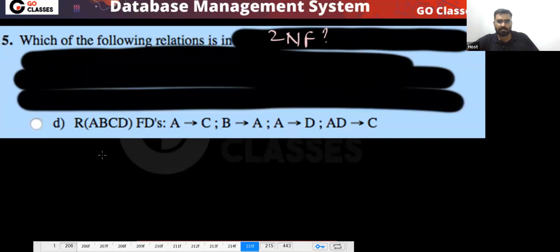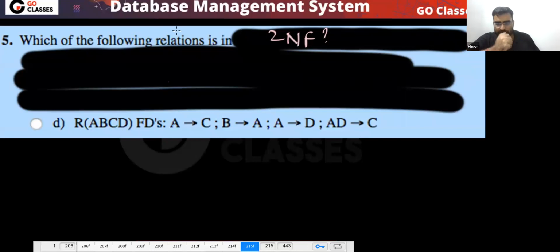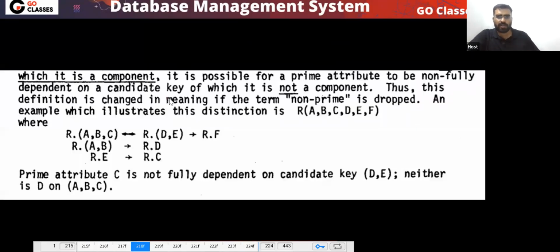Okay, this is also done. Option D, option C, you just check it out. Anyway, I think this is just a repeated question. Okay, let's move on.